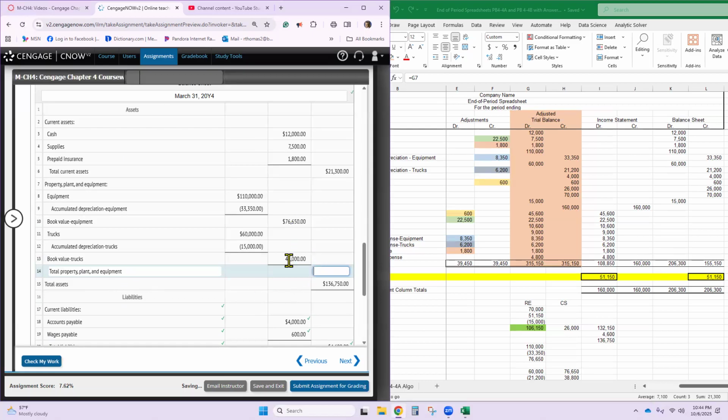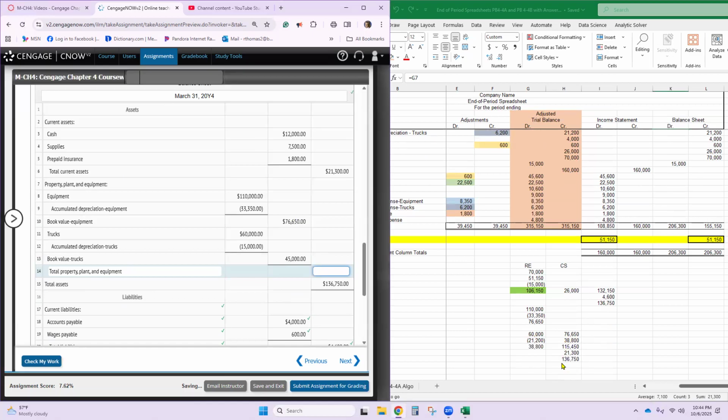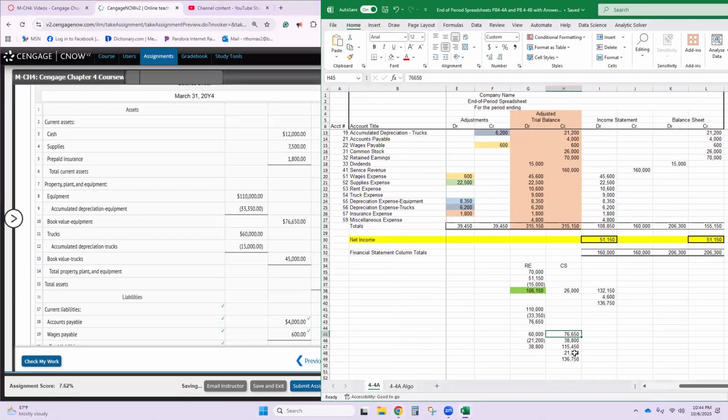So we're going to add these two together. 76,650 plus 45,000.